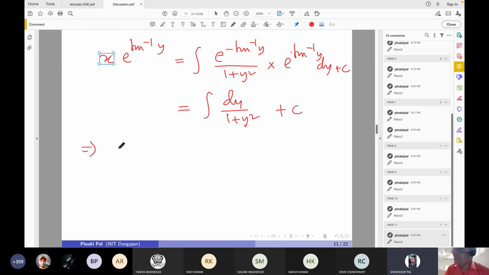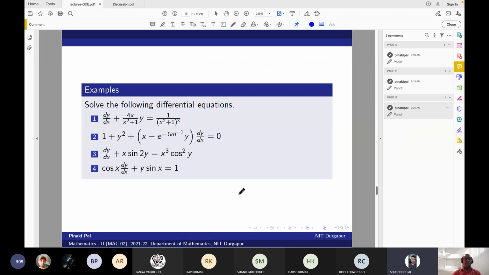So on integration you will get x e^(tan⁻¹y) = tan⁻¹y + c. So sometimes we have to look at the equation carefully and write it in linear form. Then we can apply the standard procedure.